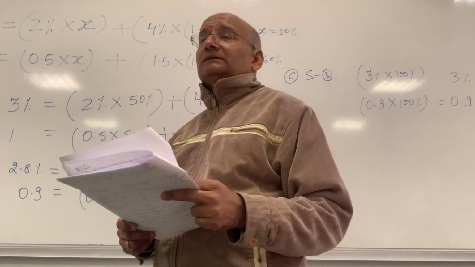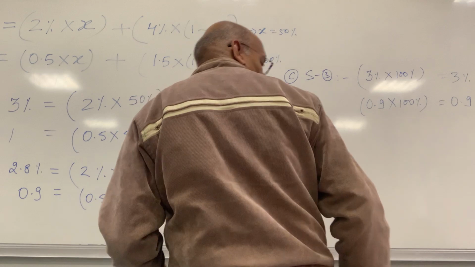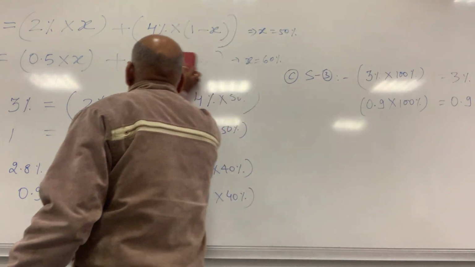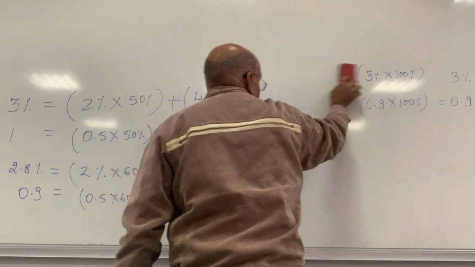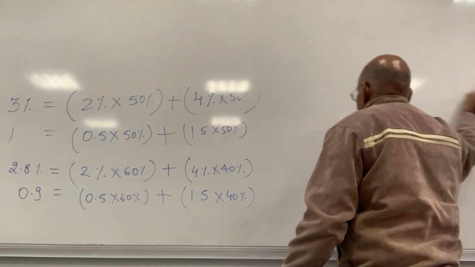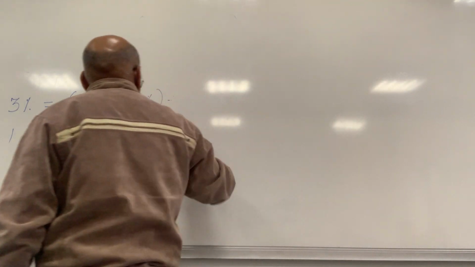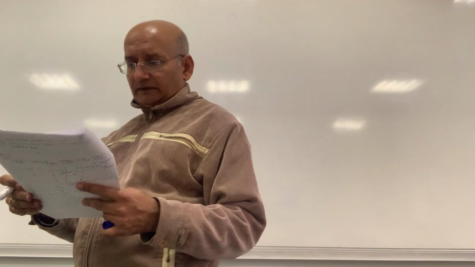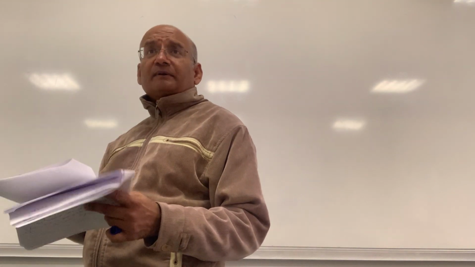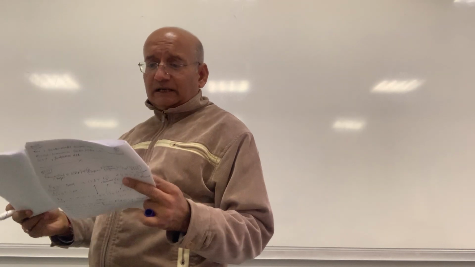Read the lines after Exhibit 2. How much money are they putting in A? 60% in A. And what is the return?